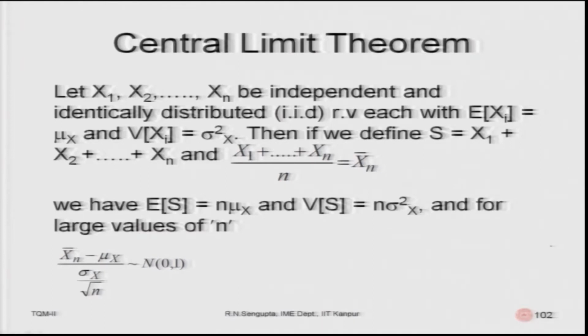Then if we define S as the sum of x1, x2, x3 till xn, and we define the average of this sum as x bar n, then the expected value of S is equal to n times mu x, because each expected value, being IID, is mu x. How many of such mu x's are there? There are n. So if you add them up, it becomes n mu x.